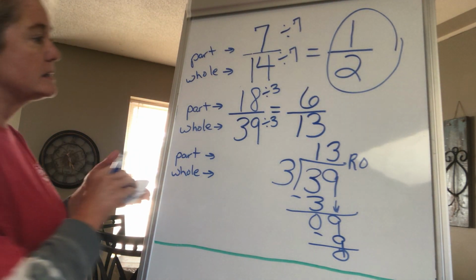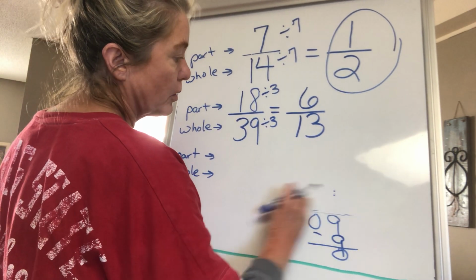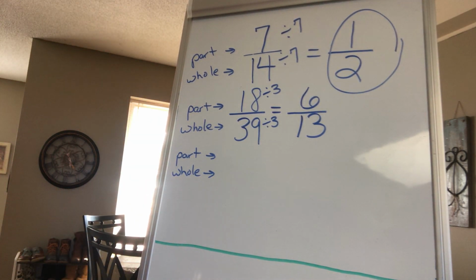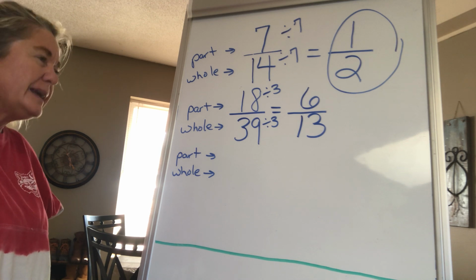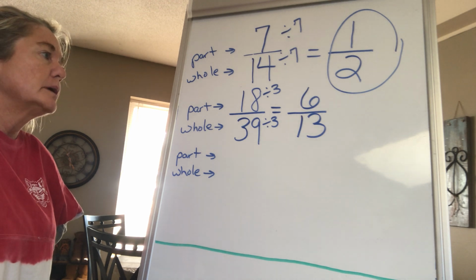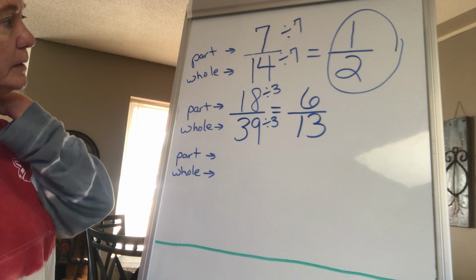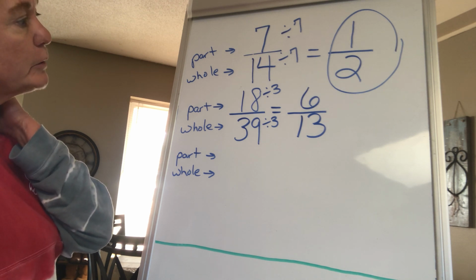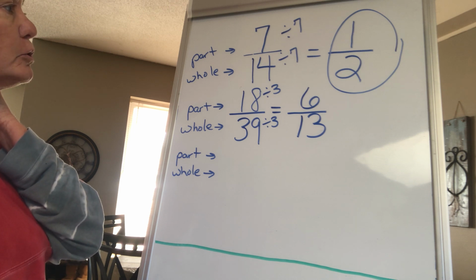So now we just need to see, it doesn't have a 1 in it, but remember that doesn't always mean it's not in simplest form. It just means it definitely is if you get a 1. Okay, is there any number that will go into 6 and 13 and get a 0 remainder? I know it's not 2 because 2 doesn't go into 13 evenly, or 3. 4 would give me a remainder on both of them. 5 would give me a remainder on both of them.